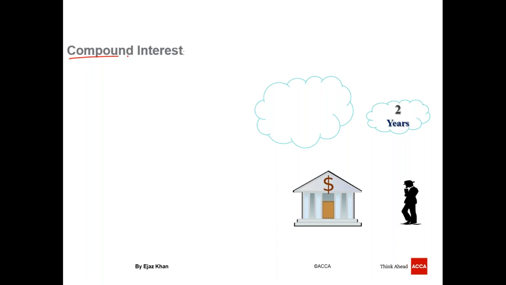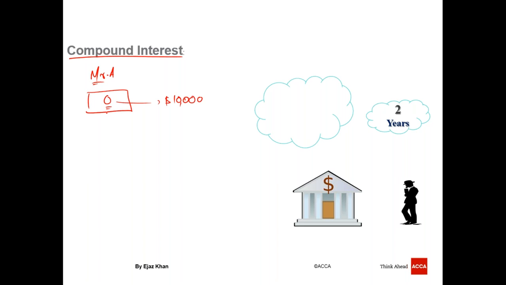Well, let's suppose that Mr. A is considering to invest an amount equal to $10,000 today. And when we say today in financial management, we denote this time by 0.